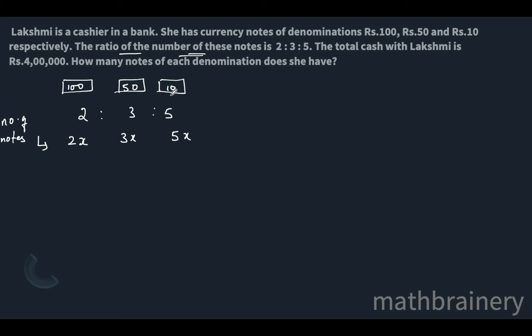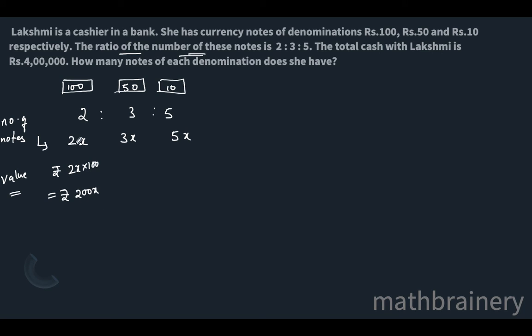This makes sense. Now what should be the value of money which we have? If there are 2x 100 rupee notes, that means Lakshmi has 2x into 100 rupees with her. That means she must be having 200x rupees.